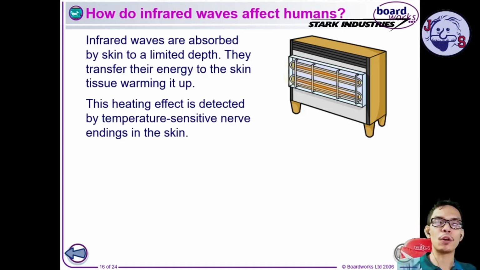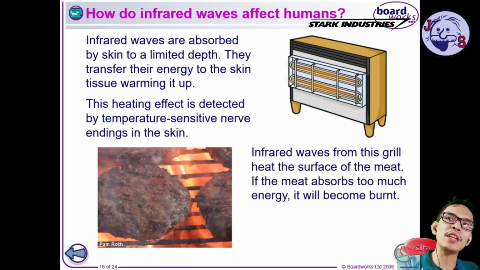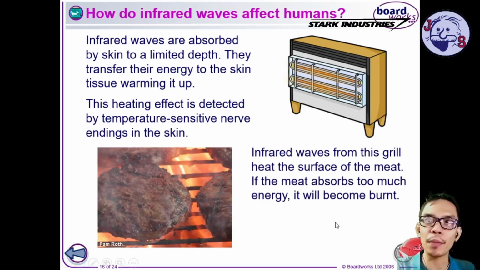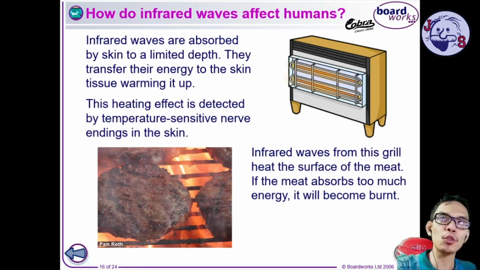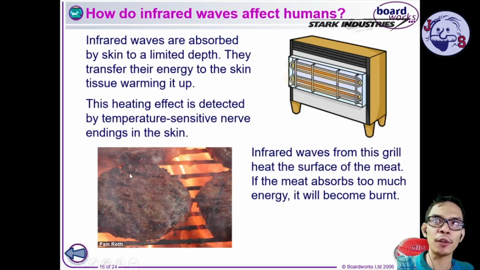There are nerve endings found on your skin. More so, infrared rays coming from the fire that you have right here, we can utilize in cooking our food. As you can see, too much exposure to infrared can burn your food.